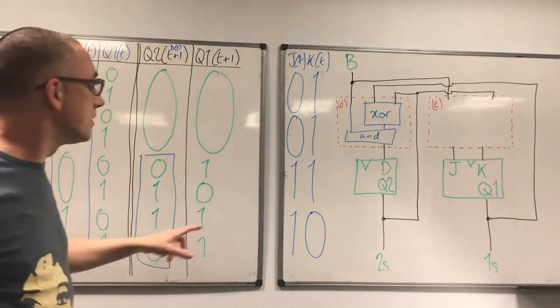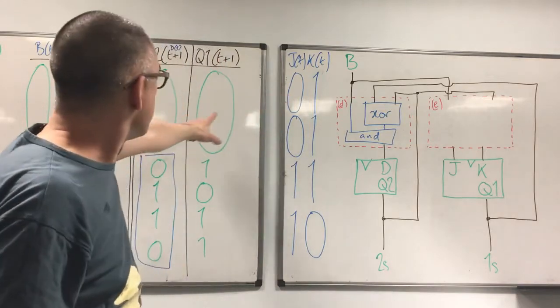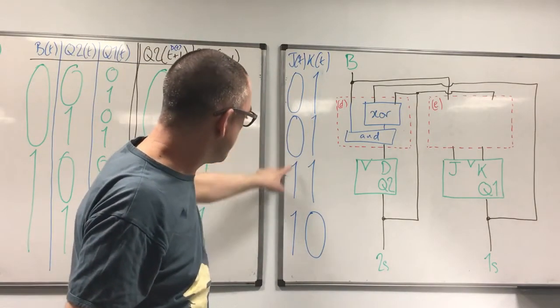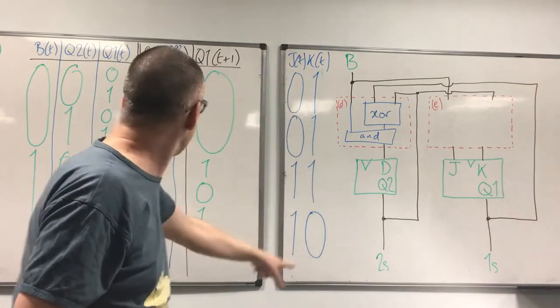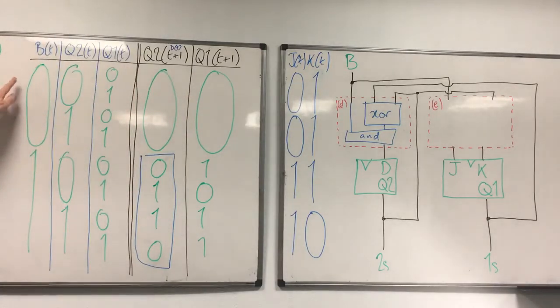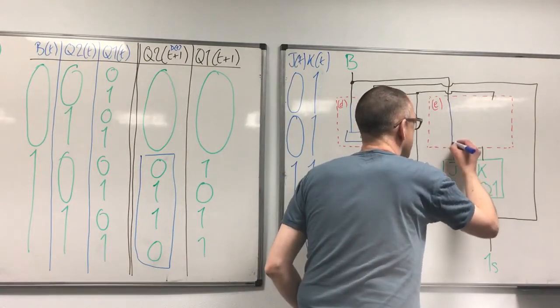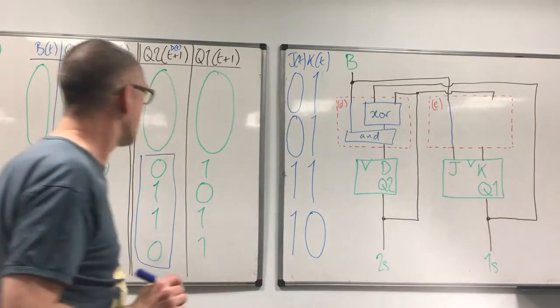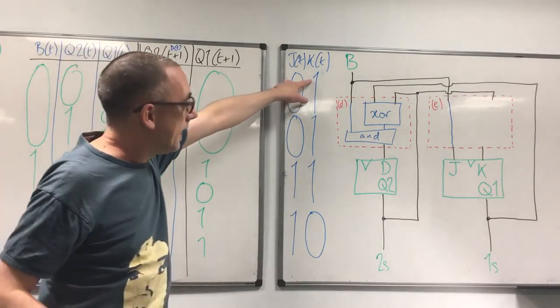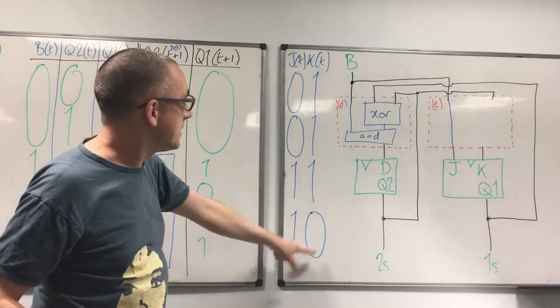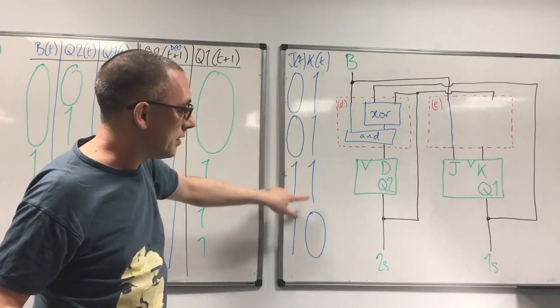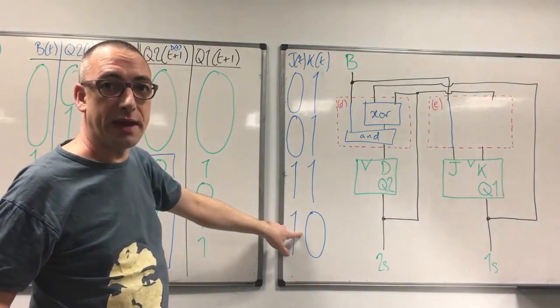All right. Looking at the truth table, we can see that J is exactly the same as the button signal. So straightforwardly, we can do this much. Now looking at the K column, we can see that we have exactly the behavior of a NAND gate.